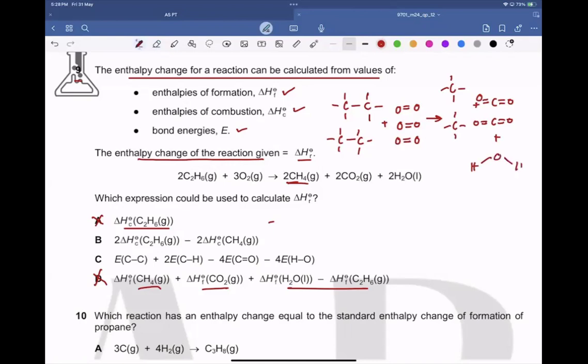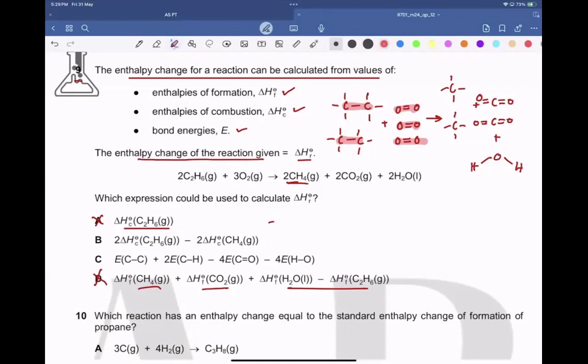So let's highlight the bonds which are broken with the red. So if you see, this bond is broken. This bond is broken. Now, this bond is broken, this bond is broken. And if you see, these bonds are broken.